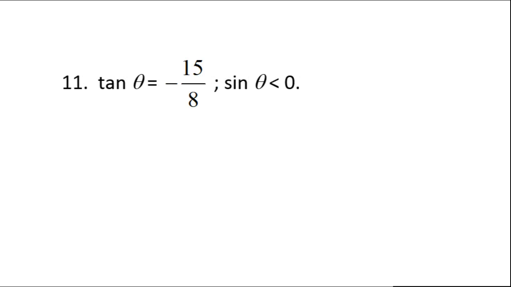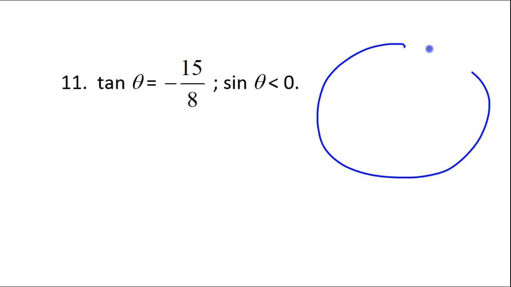Well, this time they gave us 2 trig values, but actually they didn't give us 2 trig values. They gave us 1 trig value and, you know, the sign of a trig value, meaning positive, negative. So let's use this information to figure out what quadrant we're talking about. So just real quick.